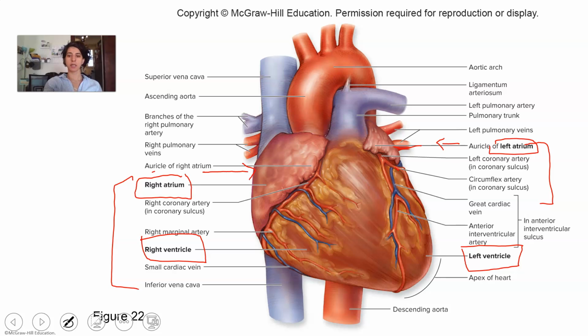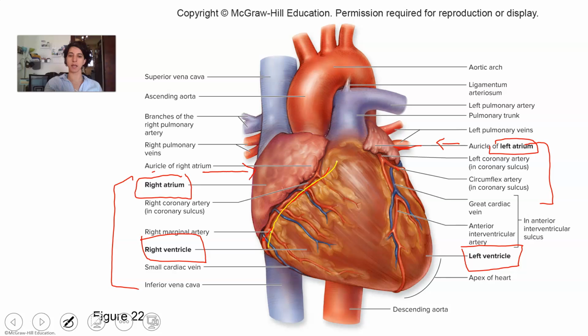Okay, just inferior to the auricle of the right atrium is the coronary sulcus right here. Let me change my color so you can see that better. Okay, this right here is the coronary sulcus, and it separates the superior atria from the ventricles.